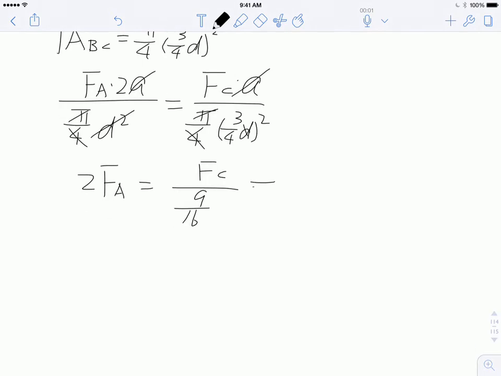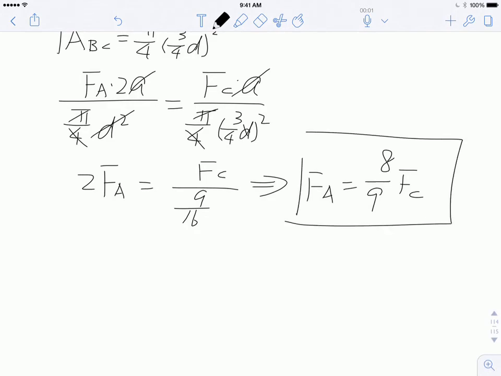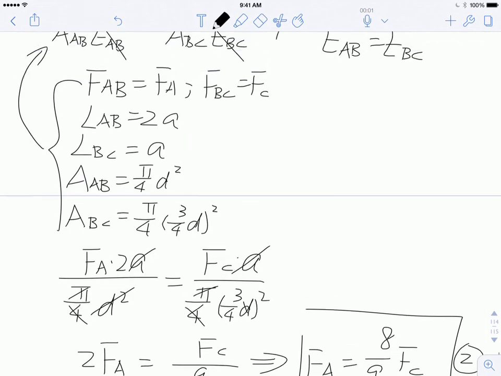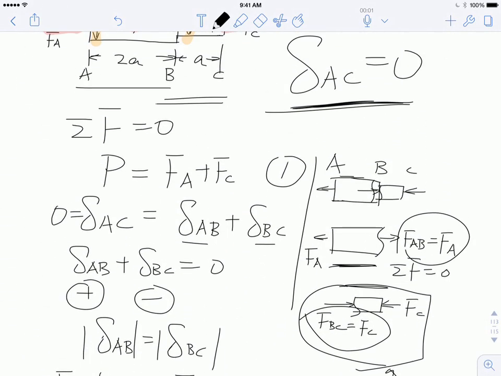So FA equals 9 over 8 times FC. Just divide by 2 on both sides of the equation. I call this equation 2, because remember we have equation 1 over here. Two equations, two unknowns. You can solve for it.